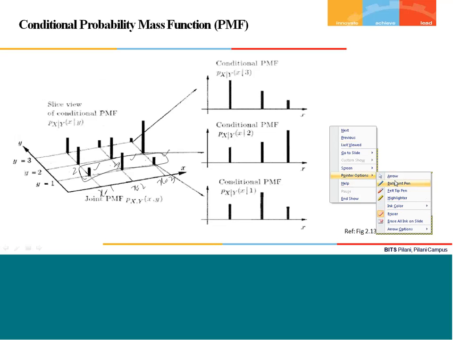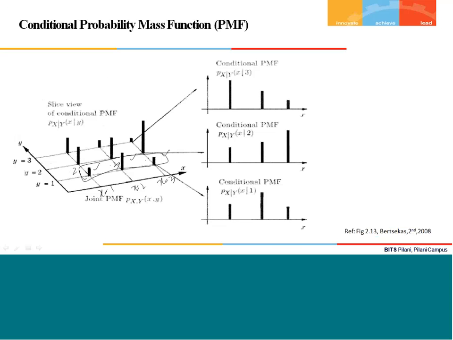So intuitively it is like this. For an example, this is x, this is y, and this is a probability of 0.5, and this is 0.5. This is a total probability of 0.5 in a whole domain.